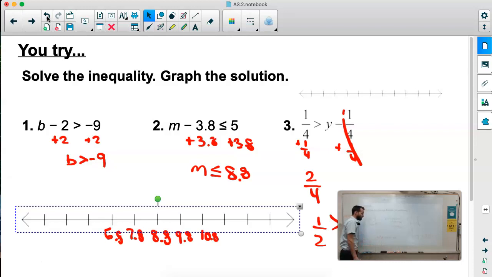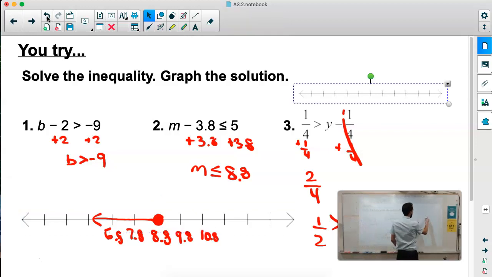Just a different way to do it. You could go by 0.2 and go 8.8 and then 9, 9.2, 9.4. But this is an easy way to do this. This would be a closed circle because of the equal to, and my arrow would go this way. It's less than that.